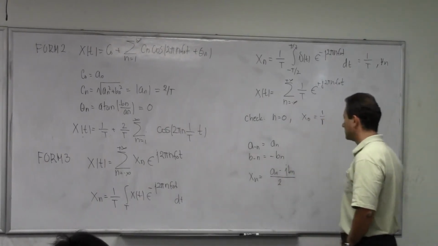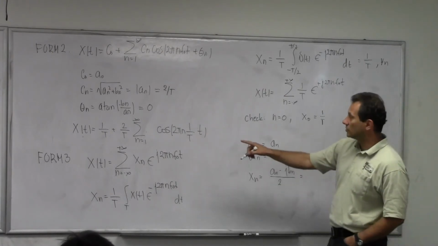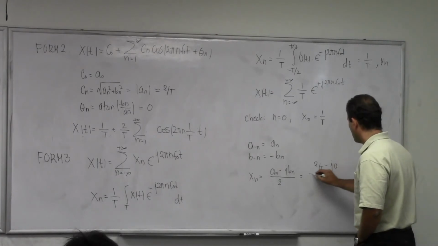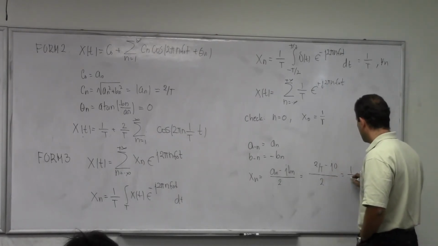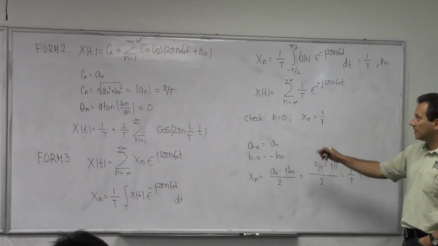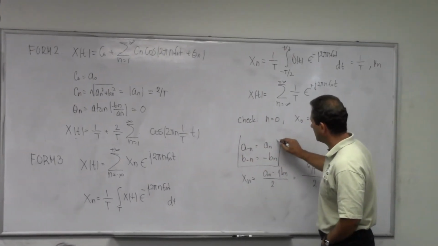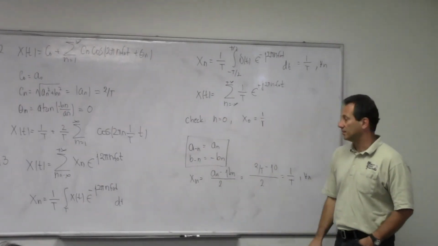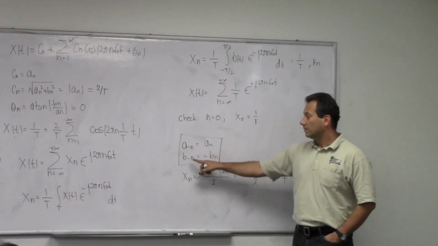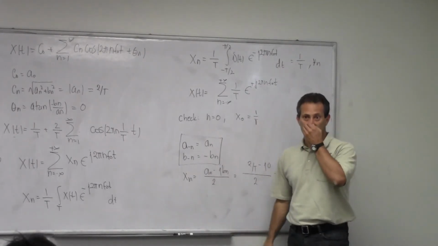Maybe this one is not the best one to test, but if I substitute, an was 2 over t, minus j0 over 2, which is 1 over t for every n, right? And that is true, right? But maybe if we do some other problems, we test this. But remember these two relationships. This is what we demonstrated last time, right? So if you go to minus 3, it's going to be a3. b minus 3 is going to be minus b3, right? And then the formula holds.